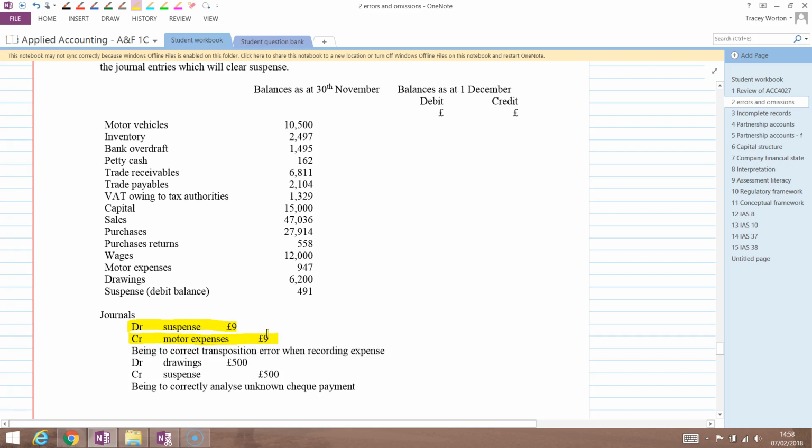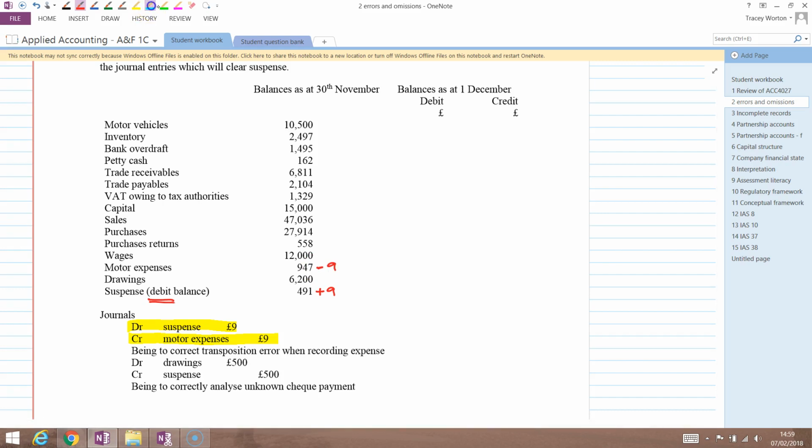That came about because of a transposition error. So in terms of my list of balances, the suspense account is a debit balance already, so the £9 debit to suspense will increase it. And the motor expenses is sitting at £247 and the £9 will go on there to decrease it.